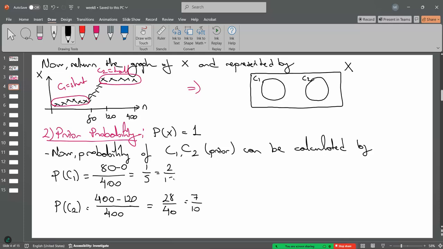And what is the probability rate for a given X in C1, which is equal to 0.2.